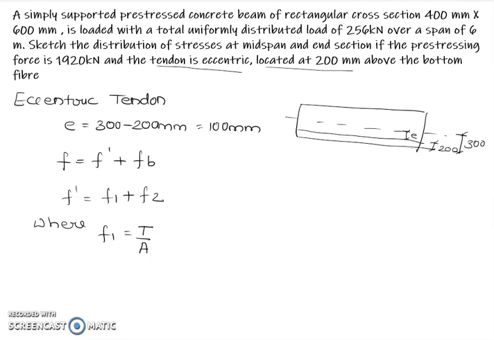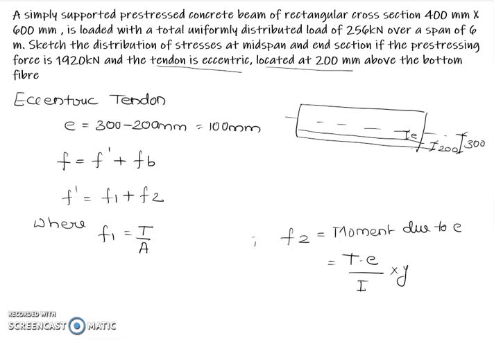F1 is nothing but T by A, that is stress due to pre-stressing force, and F2 is the stress created due to moment due to eccentricity, which is equal to T into E by I into Y. We have already discussed this in previous lectures. I am just repeating it.